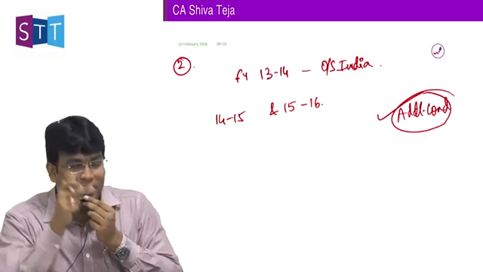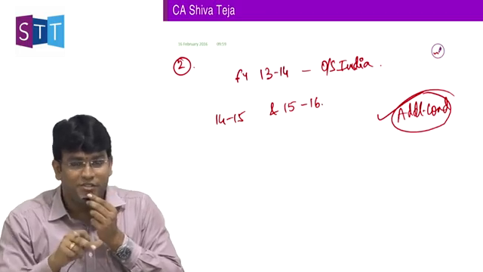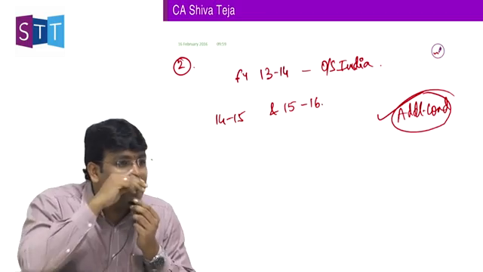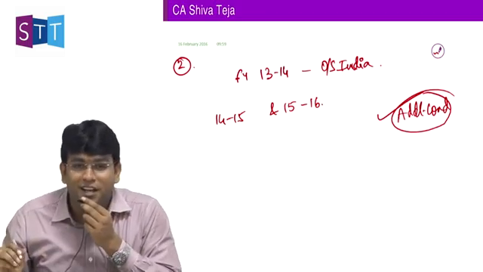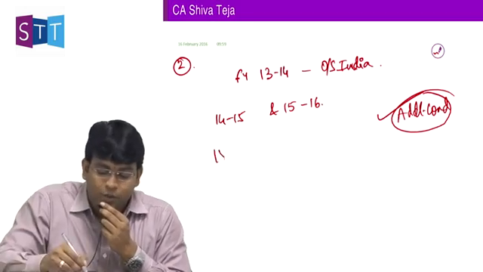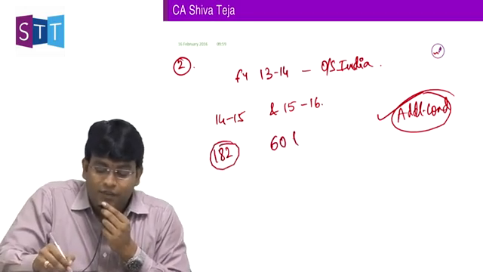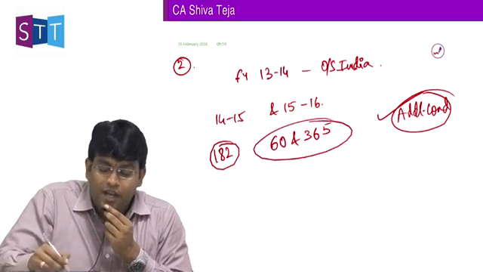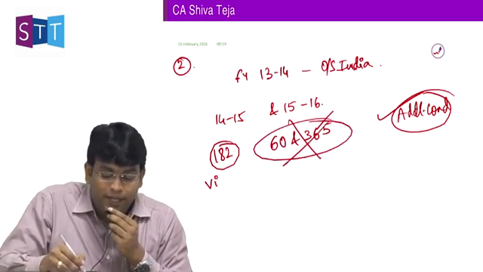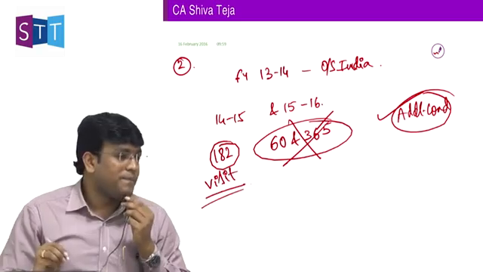Please observe. He is an Indian citizen coming to India for a temporary purpose, and temporary is technically called a visit. That means we have only one condition applicable, that is 182 days. This option of 60 and 365 is not available because he is an Indian citizen coming to India for what purpose? Visit.